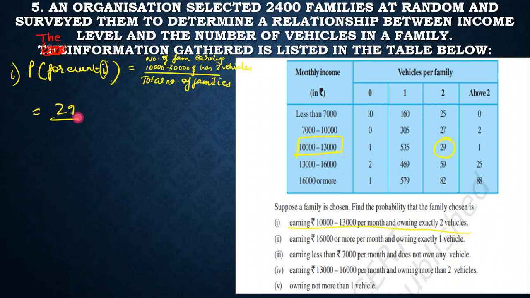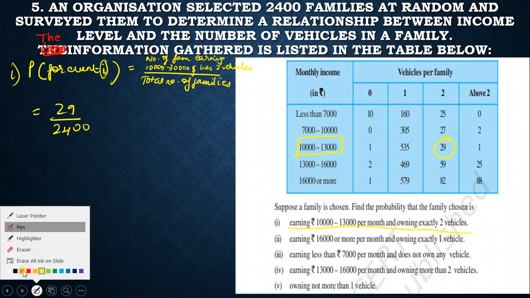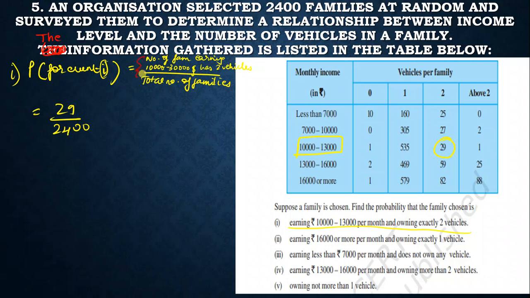So this will be 29 by the total number of families, which is 2400. Or you can even say, instead of writing this top part, that it is the number of families in this category by the total number of families. You can say it like that.